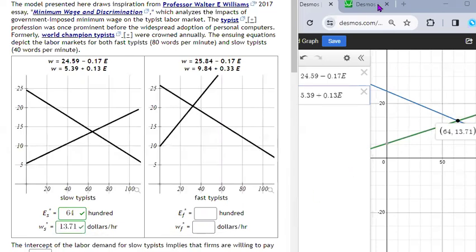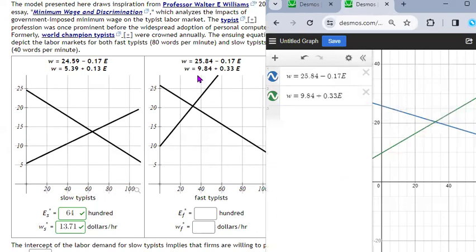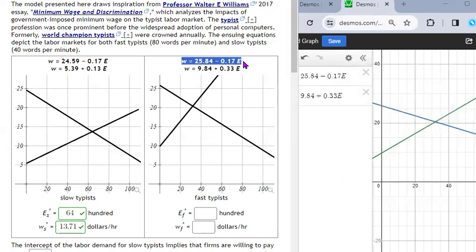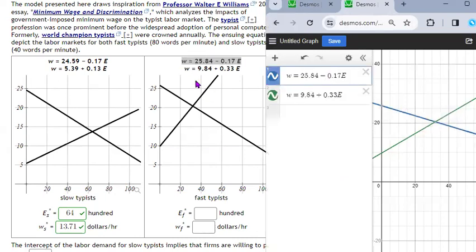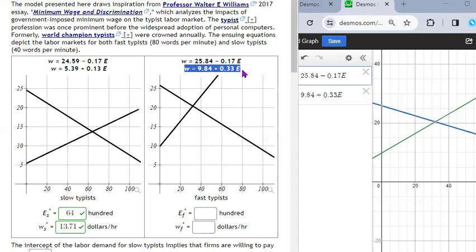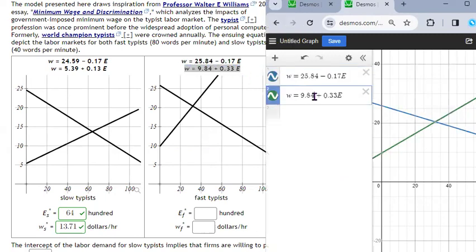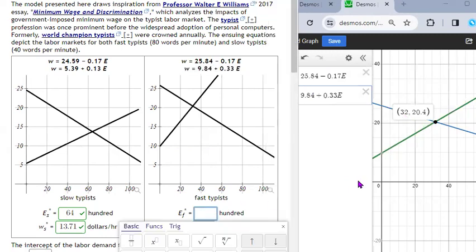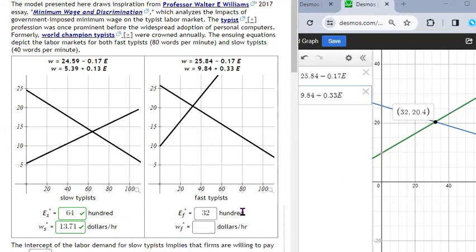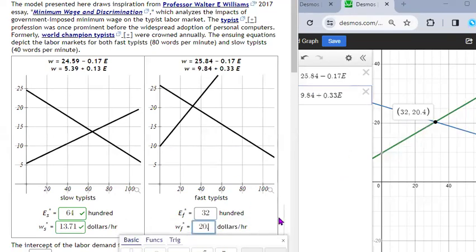Now, what about the fast typist? With the fast typist labor demand equation right here and the fast typist labor supply curve right there, there are 3,200 fast typists, and each of them is getting paid $20.40 an hour, right?